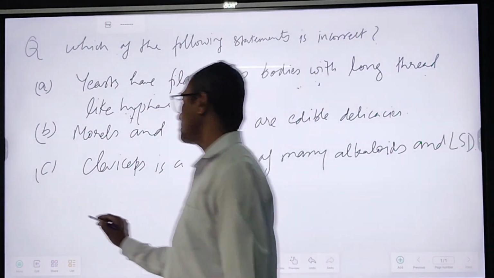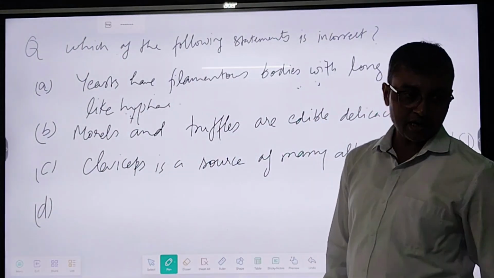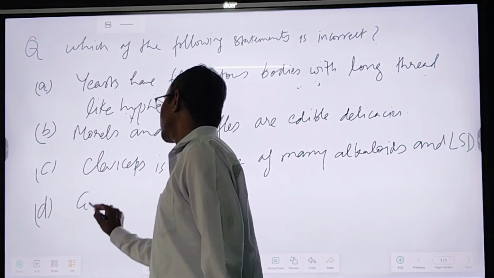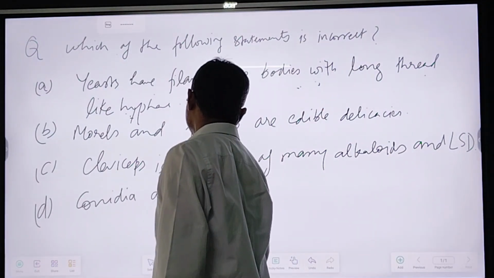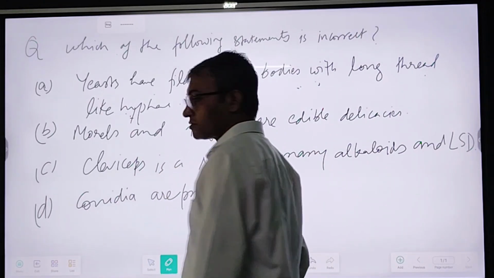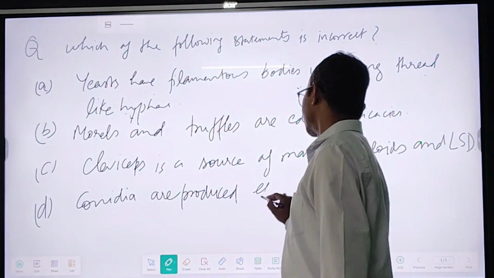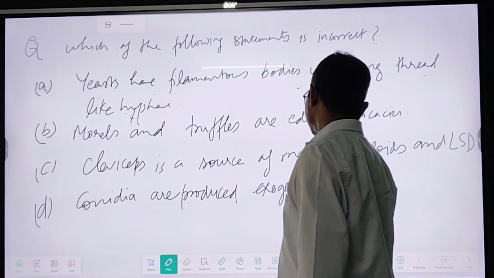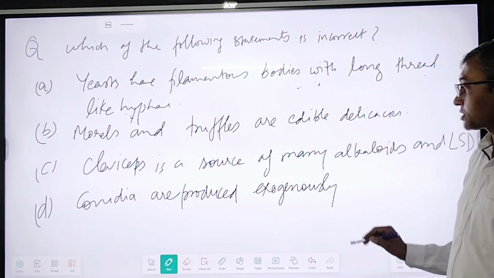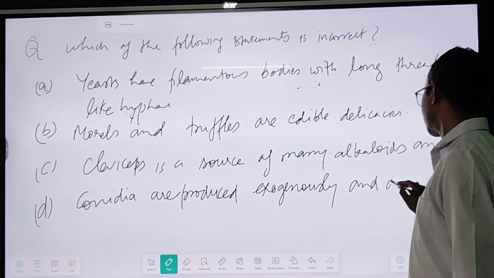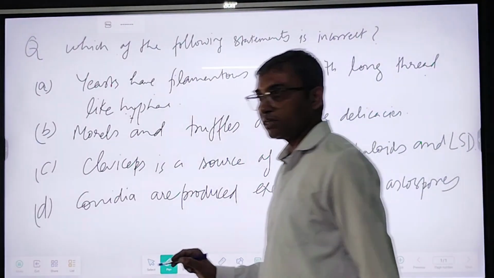And the fourth statement is that conidia are produced exogenously and ascospores endogenously.